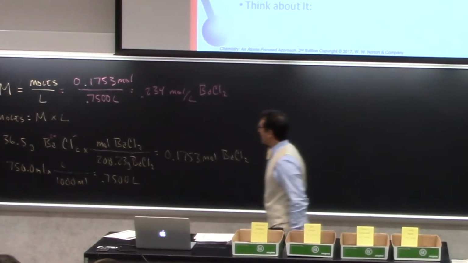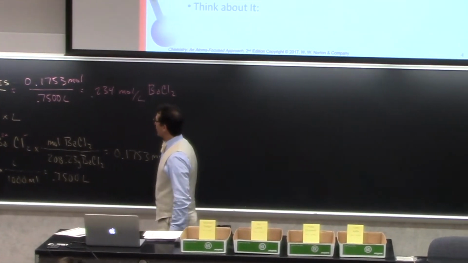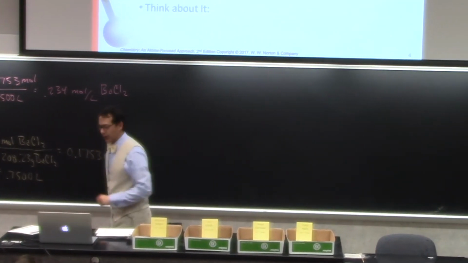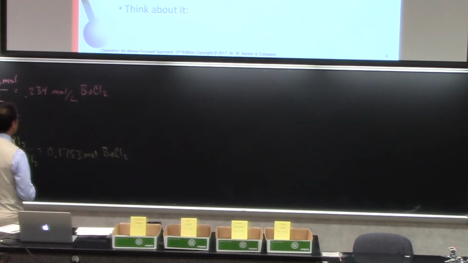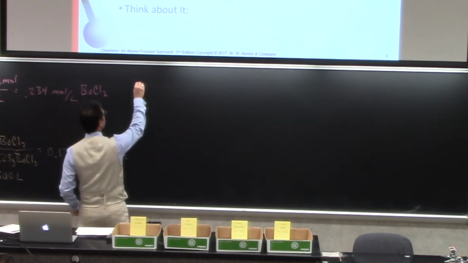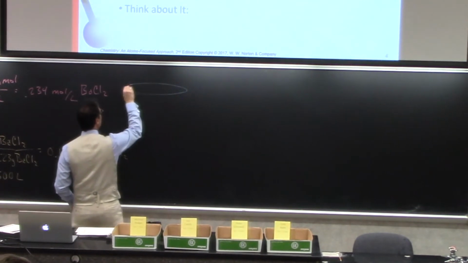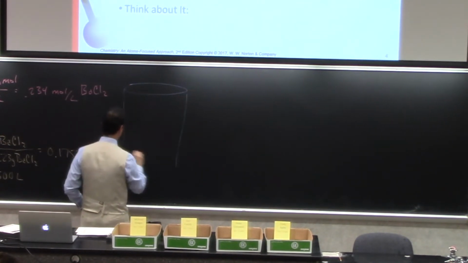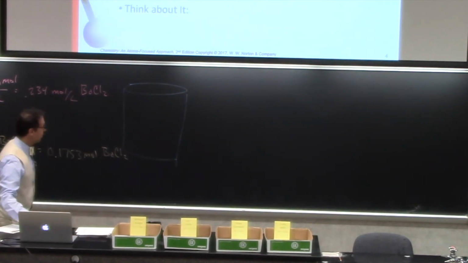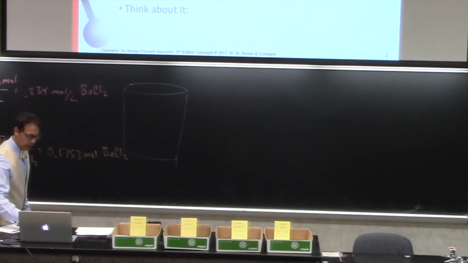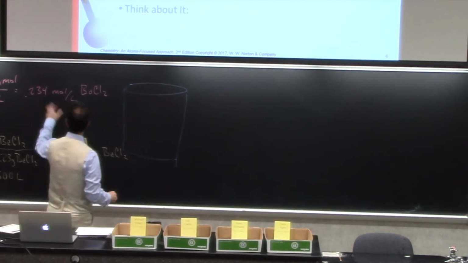All right. Well, now this is where it gets a little bit curious or a little bit odd. If we try to imagine what's happening here, we have a beaker, and in that beaker we have our barium chloride, and we have a certain concentration.